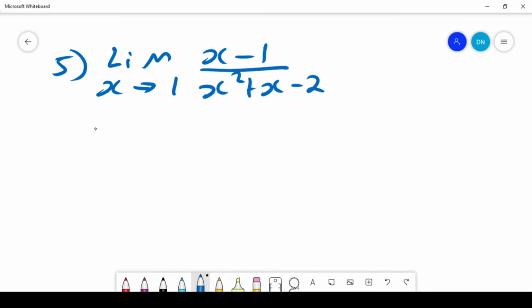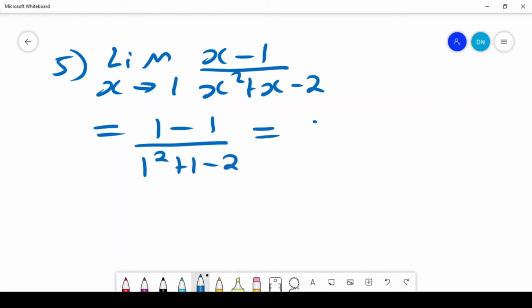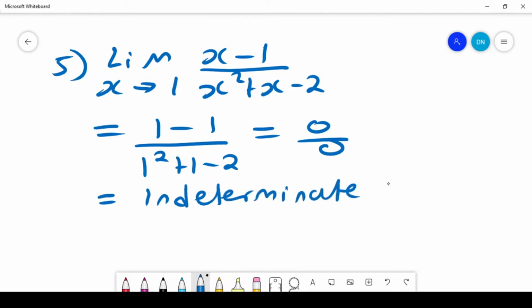Now, you note that if we are to replace this, the numerator will be giving me 1 minus 1, the denominator will be 1 squared plus 1 minus 2, which will be 0 over 0. And this is what we call the indeterminate form. And so when we have indeterminate form, that's when we use what we call the L'Hopital's rule.